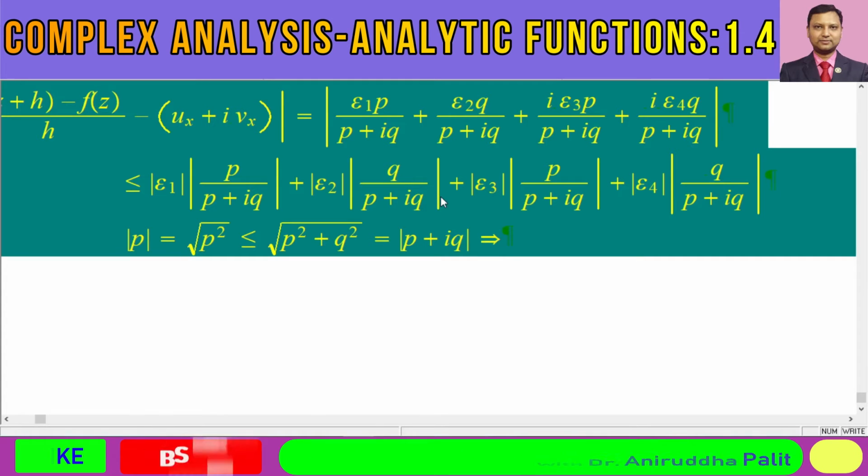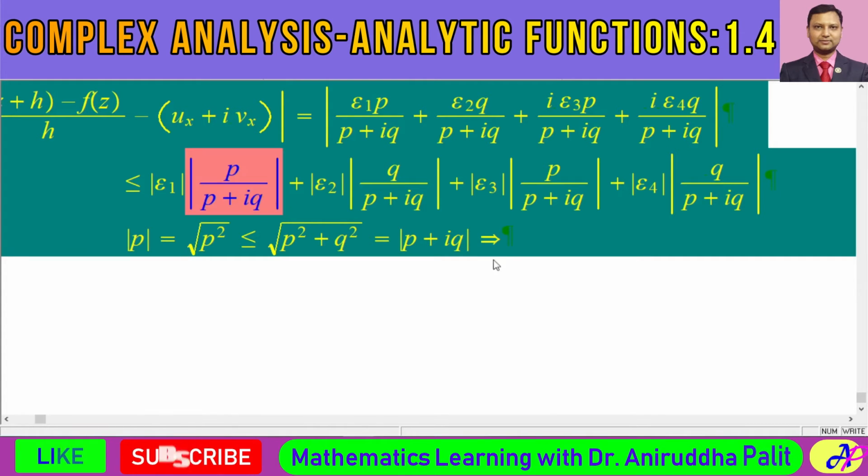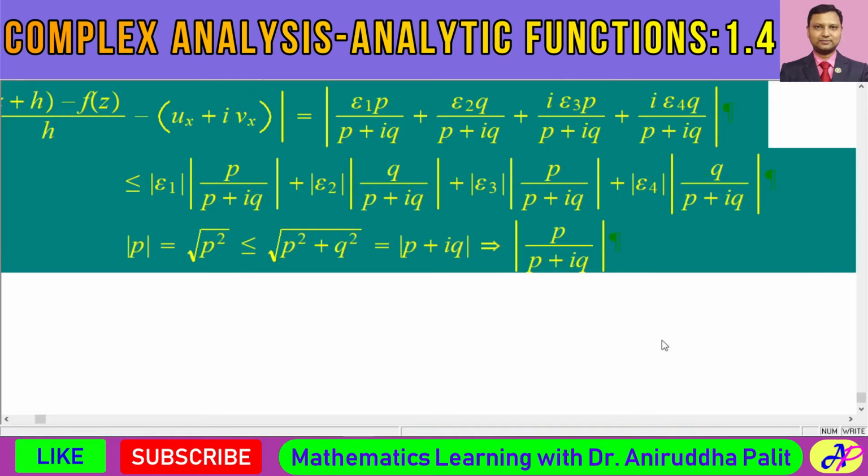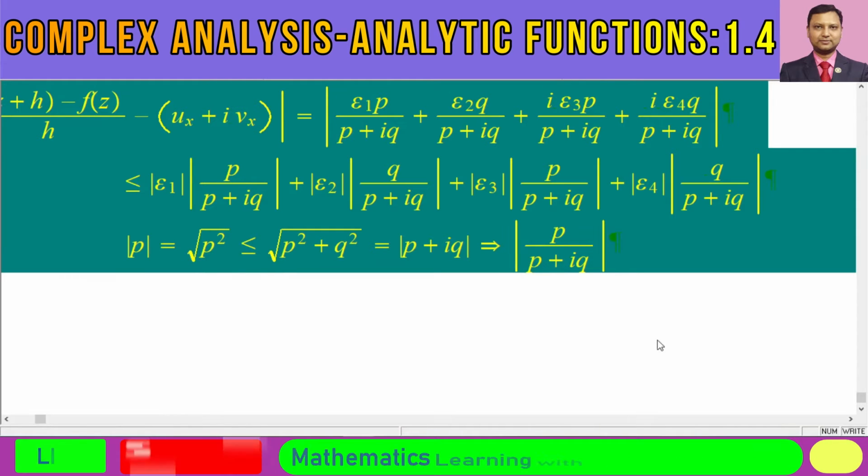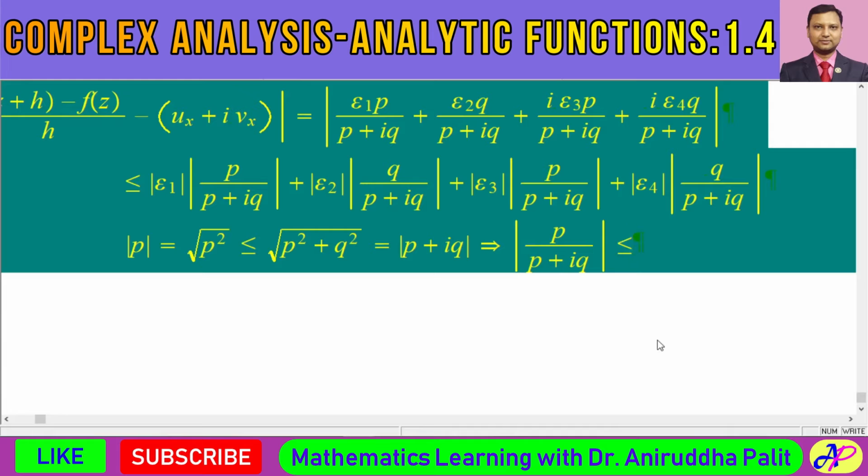And this implies that modulus of p divided by p plus iq is less than or equal to 1.